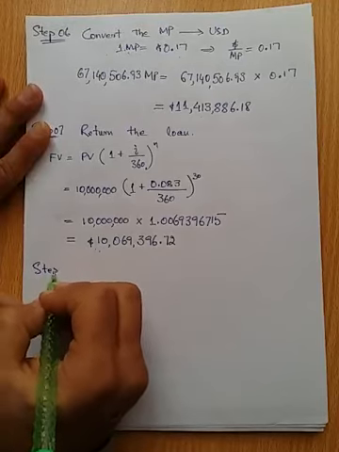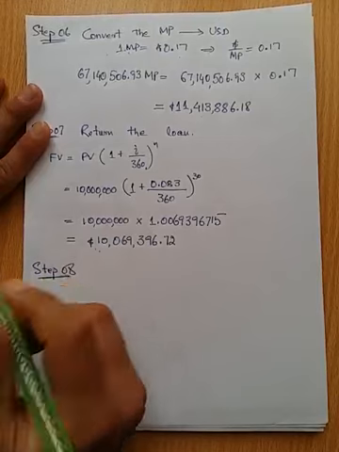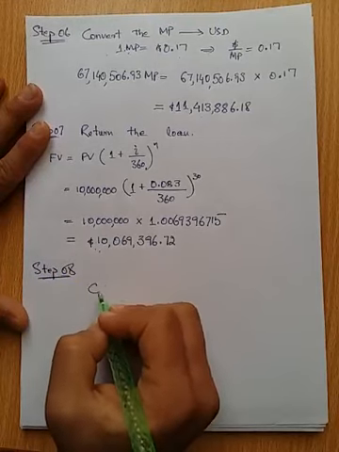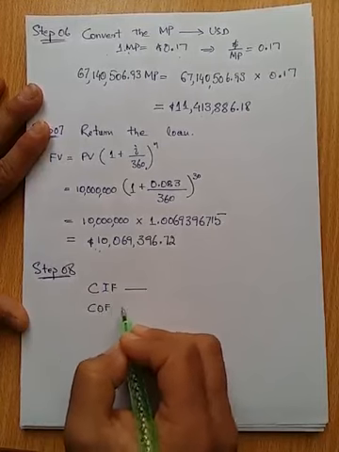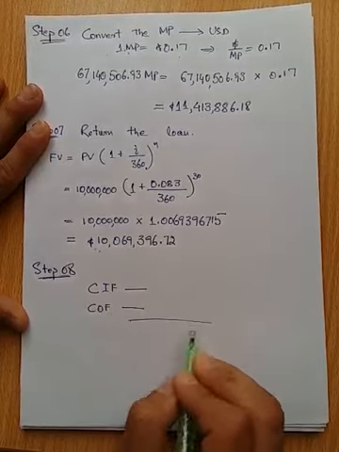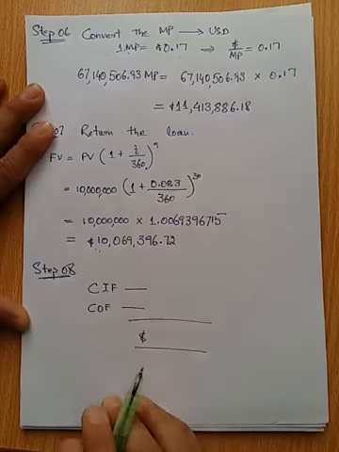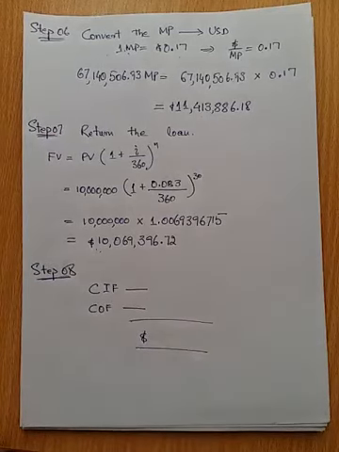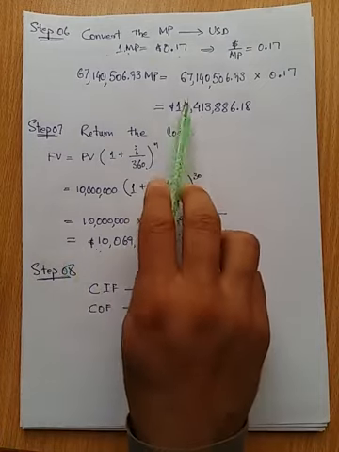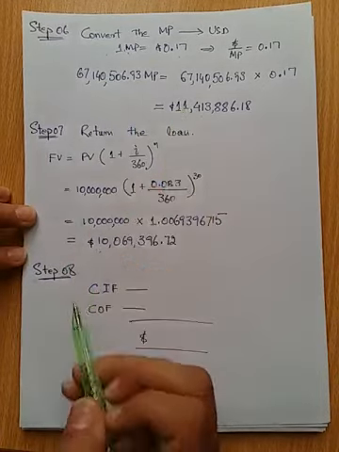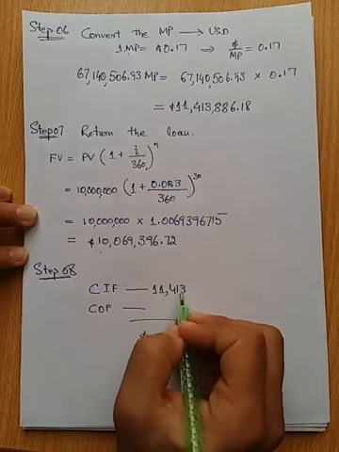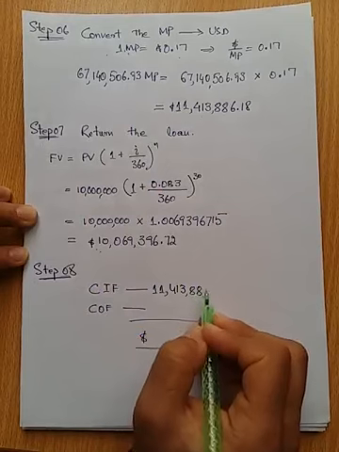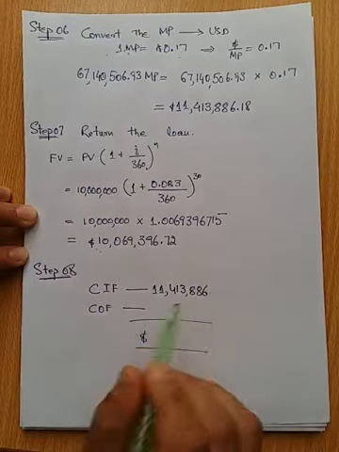Once I finish it, then I want to know how much I ended up extra. So that would be cash inflows minus the cash outflow, and eventually it's going to tell me how much is my gain or loss actually. So the money that I received from the bank in terms of dollar was this 11,413,886 rounded figure.